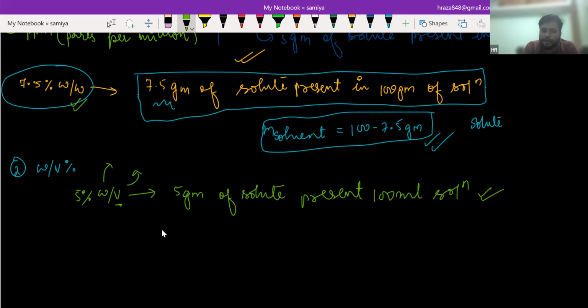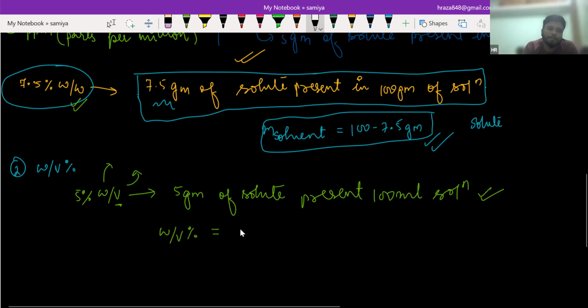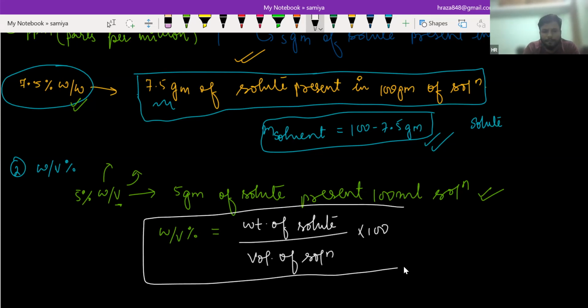Are you getting my point? Yes, sir. So weight by volume percent has a formula, which means weight of solute, since in numerator it is weight, and in denominator it is volume of solution, into 100. Got it?